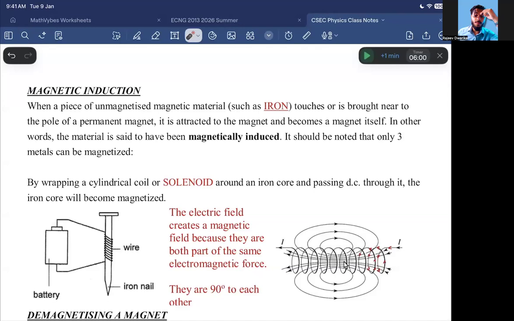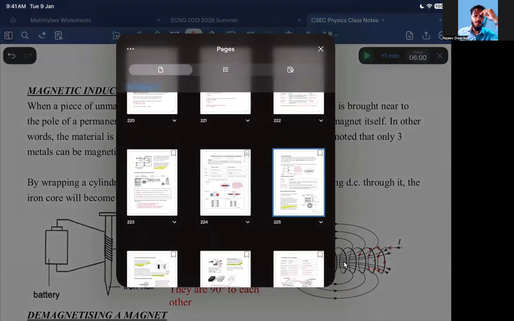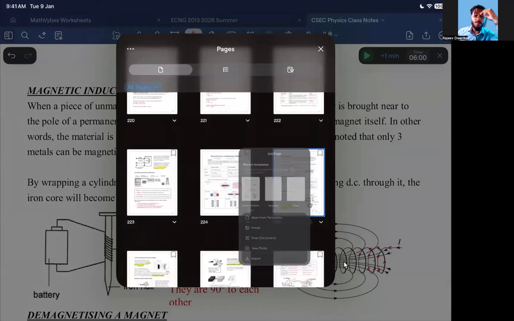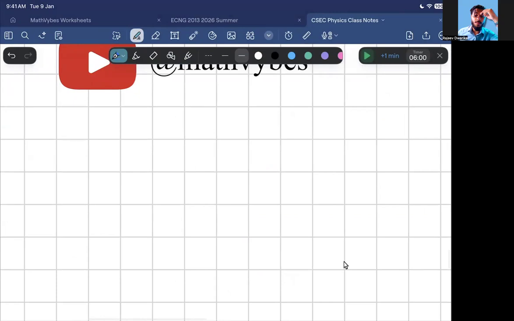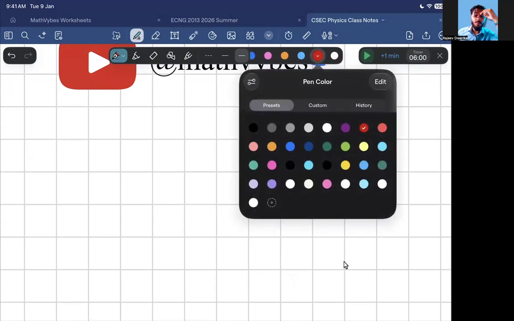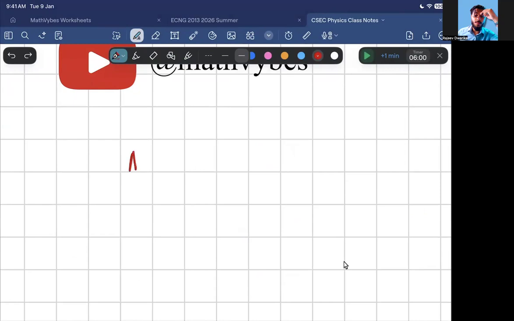Let me give you all a better one for magnetic induction. Give me a second. Let me just verify what's in here is correct.